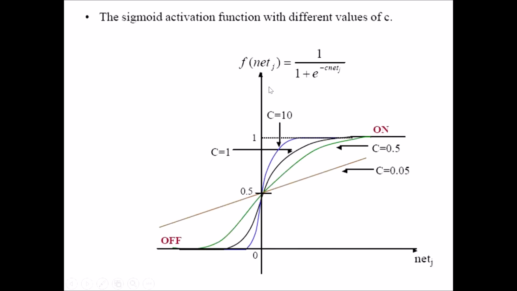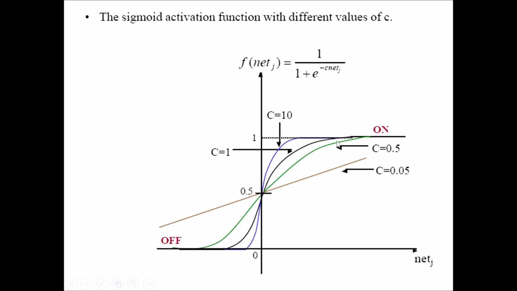For instance, if you put c more than 1, you will have a steeper shape, whereas if you put a low value of c, you will have a flatter shape of the sigmoid function. From the neural network perspective, say c equal to 0.5.